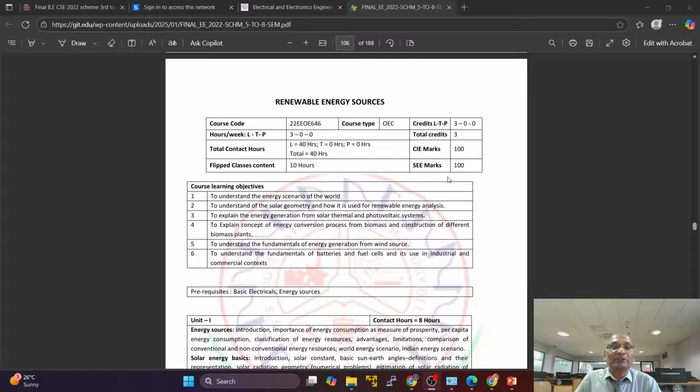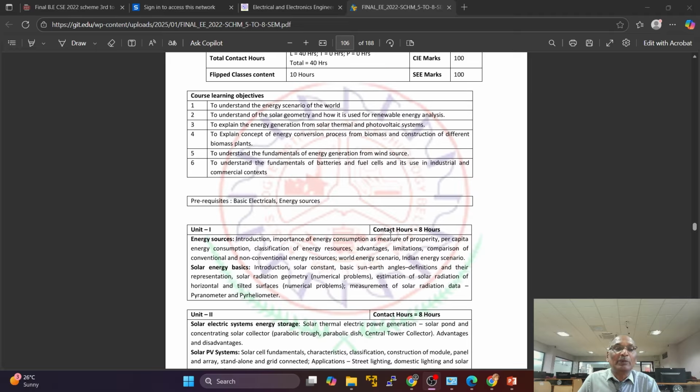Apart from wind, you will be studying energy storage devices like batteries and fuel cells, and their use in industrial and commercial contexts. Coming to the detailed course content, in Unit 1 we will be discussing energy sources, the importance of energy, and how the prosperity of a country or a person can be measured in terms of energy consumption per capita.